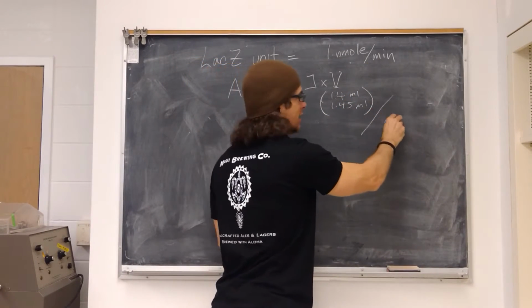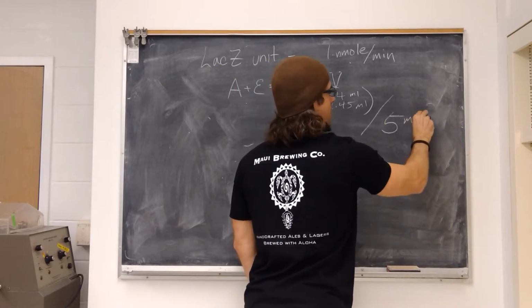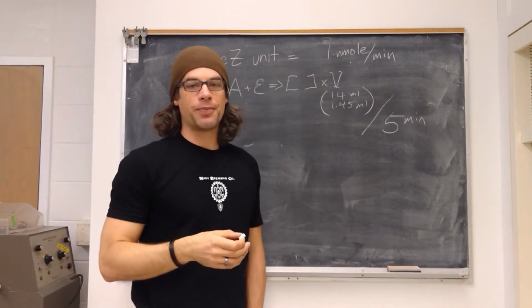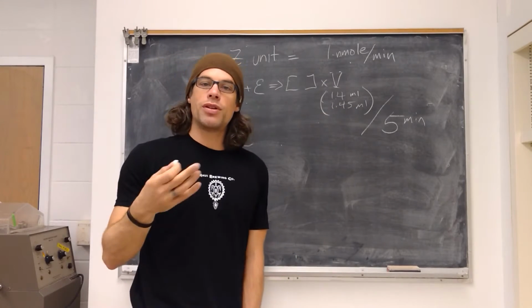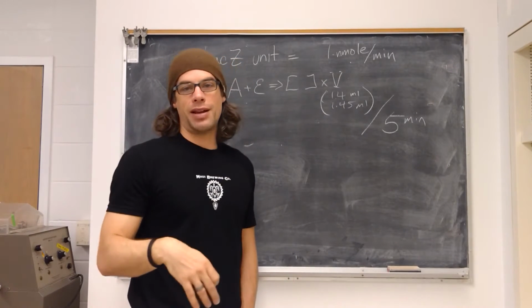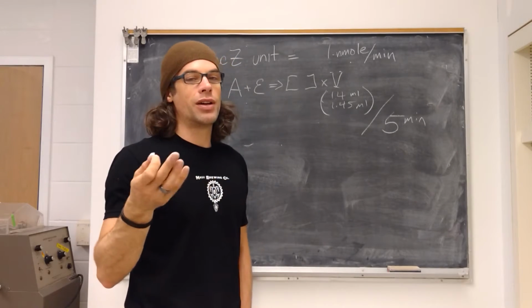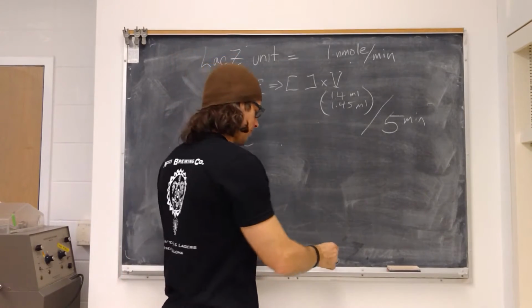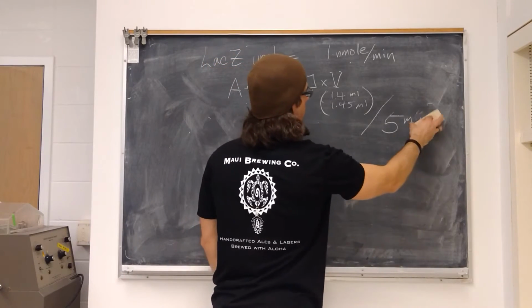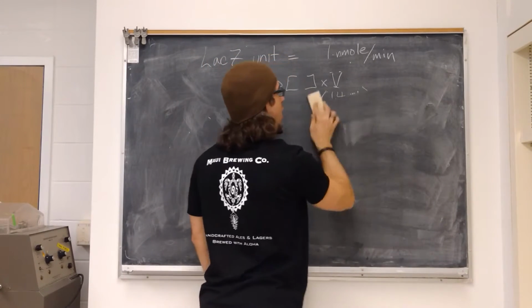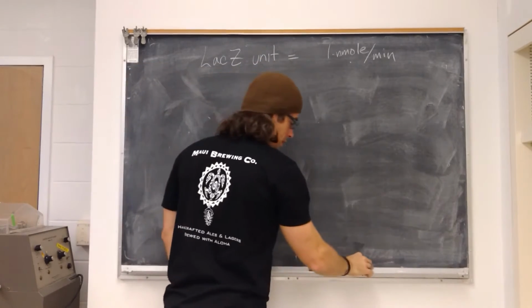Now, you ran your assays for 5 minutes before stopping them with the sodium carbonate. By dividing this value by 5 minutes, you determine the number of units that were in the assay, that were in the 1.45 mils of assay. So far, so good. Now, that's how we determine the number of units in a given assay.